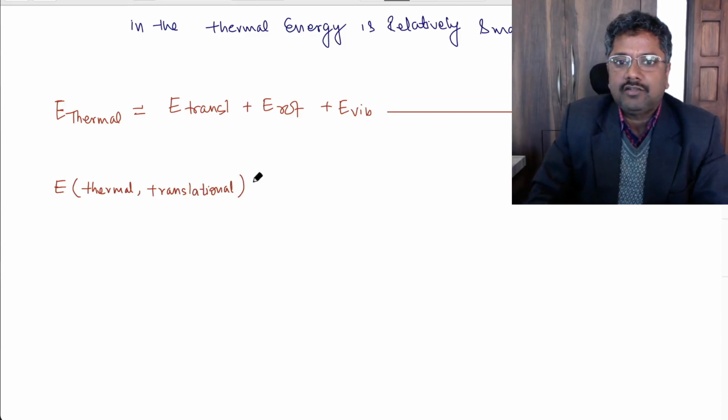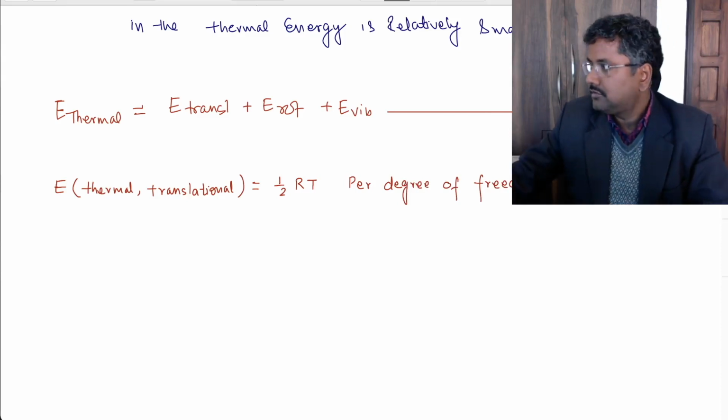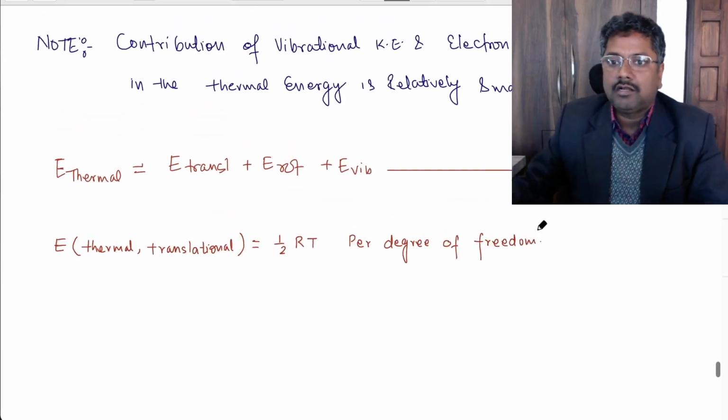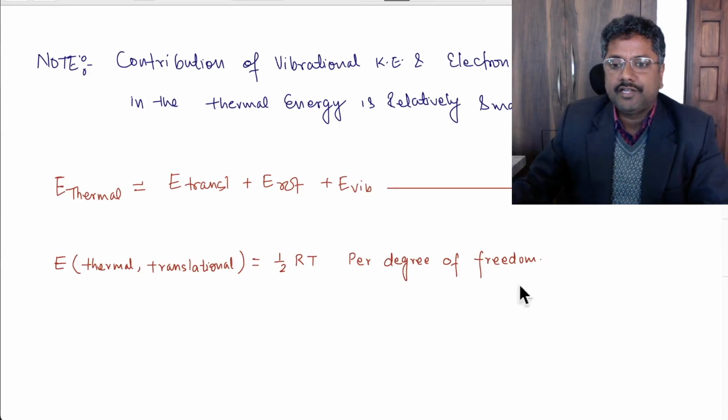This is equal to 1 by 2 RT per degree of freedom. So all of you know what this degree of freedom is?